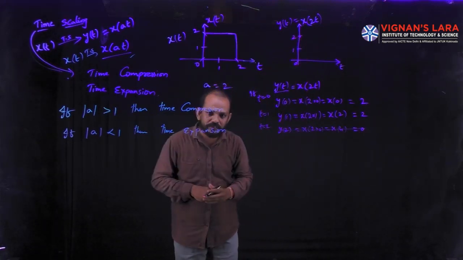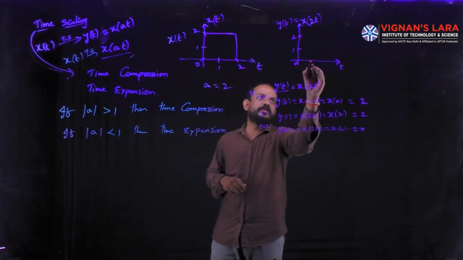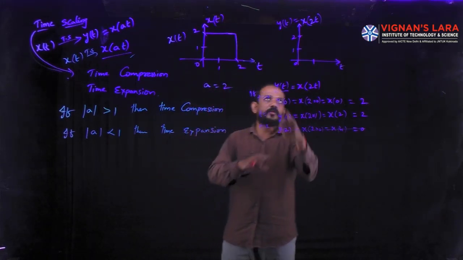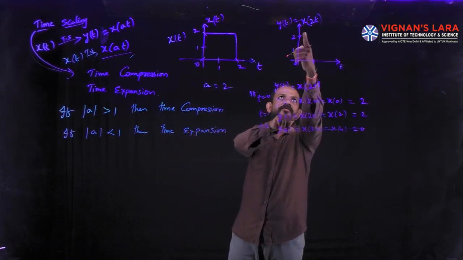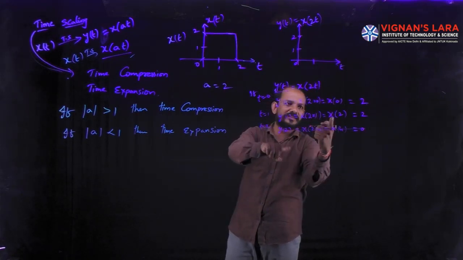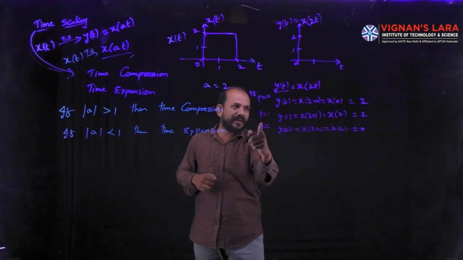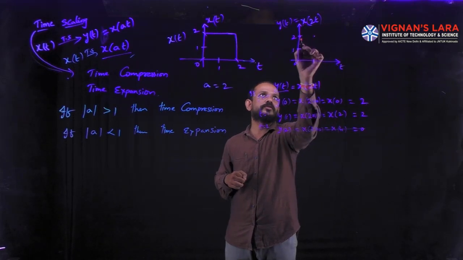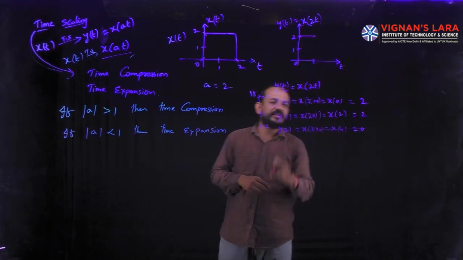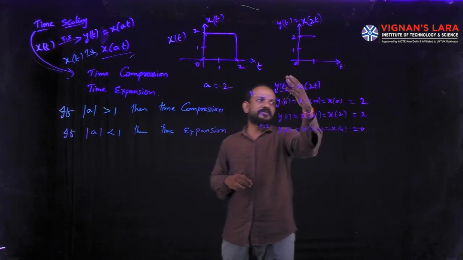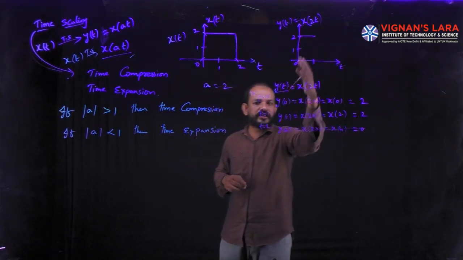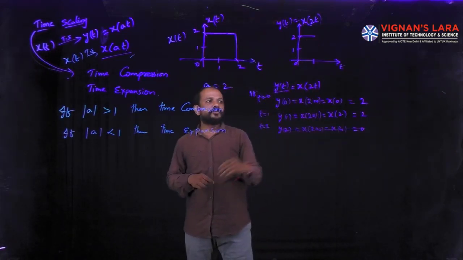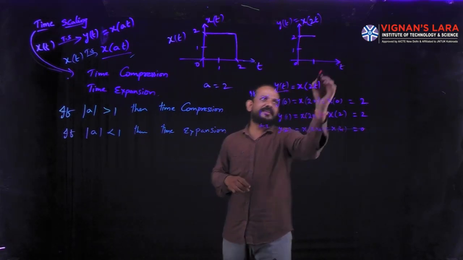Next, for t equal to 1, what is y of 1? Y of t equals x of 2t, so it is x of 2 into 1, that is x of 2. So at t equal to 1, the x of 2t value will be equal to 2, the same as at t equal to 0.